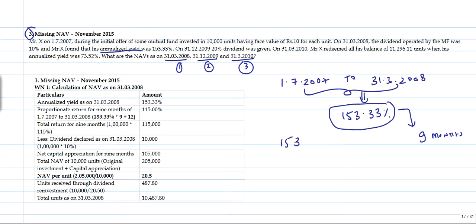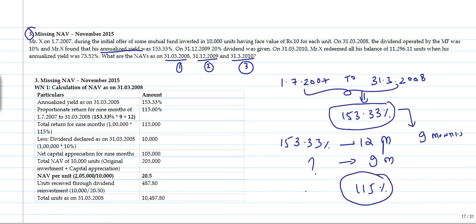See, 153.33% for 12 months. What will it be for 9 months? 153.33 into 9 divided by 12. So 115% will be the return for the 9 months. This is the annualized yield; the proportionate return is required for us. For that we calculate like this, 115%.